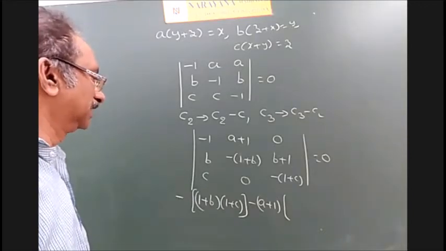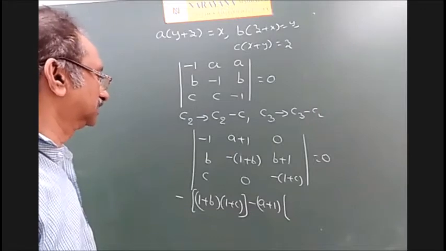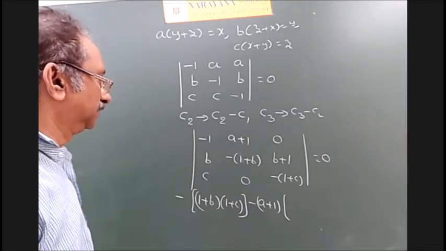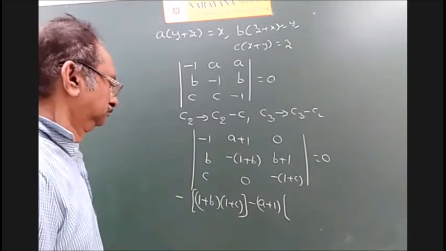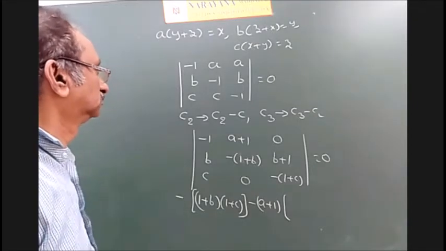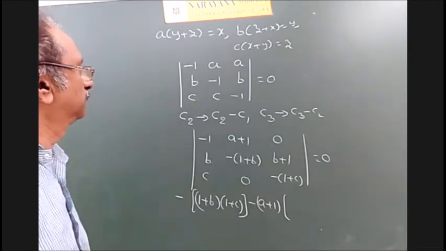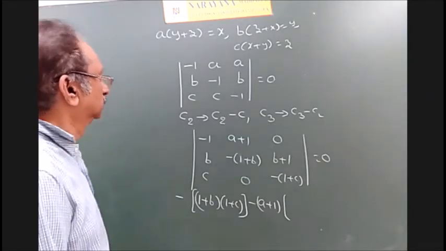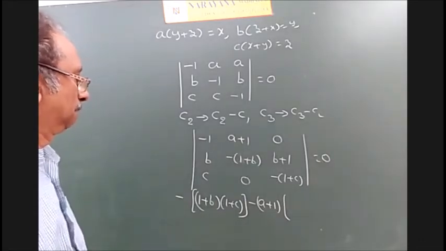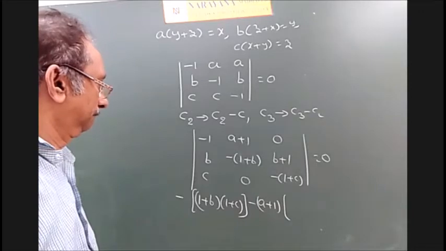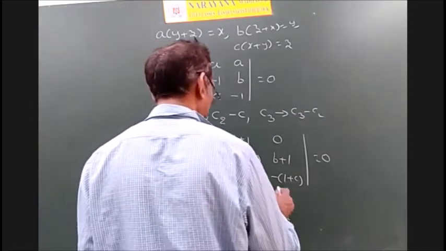So can I eliminate that? If I subtract, how could I eliminate? Suppose if I use C3 minus C2, then what happens? So that is better, I think. No, that is also the same. Okay, I will write first.